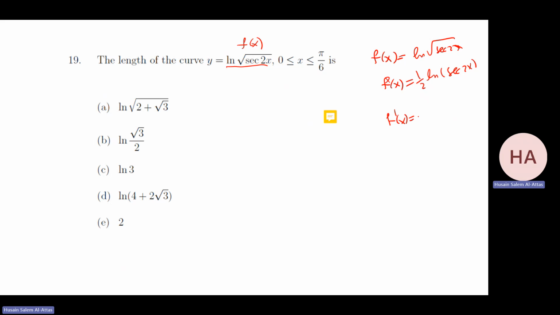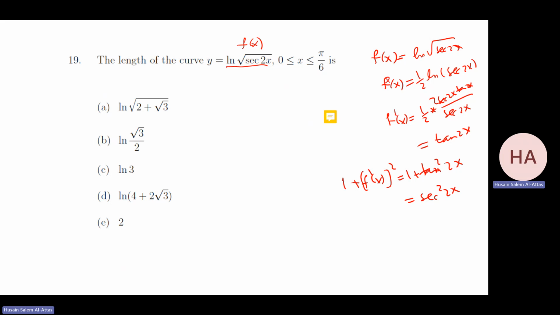F prime of x will be half secant 2x tan 2x times 2. So that gives me tan 2x. So 1 plus f prime of x all squared will be 1 plus tan squared 2x, and that will be secant squared 2x.